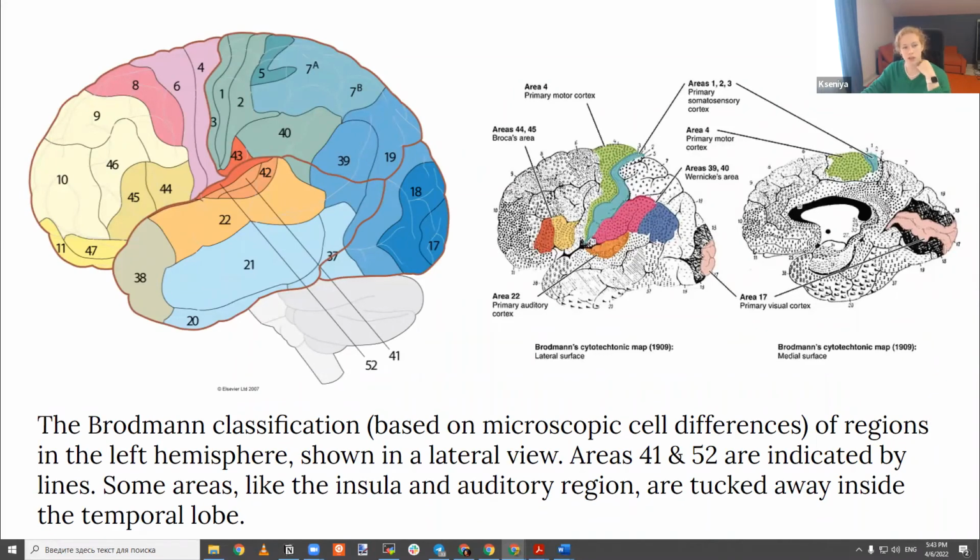And this is the Brodmann classification. Brodmann areas were originally defined and numbered by the German anatomist Korbinian Brodmann, based on the architectonic organization of neurons he observed in the cerebral cortex using the Nissl method of cell staining.